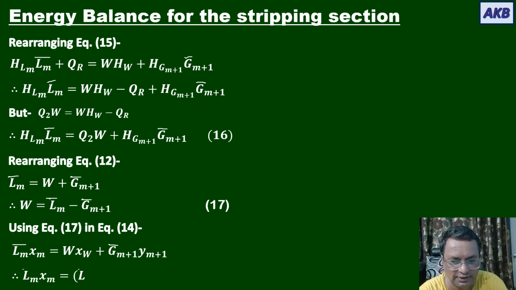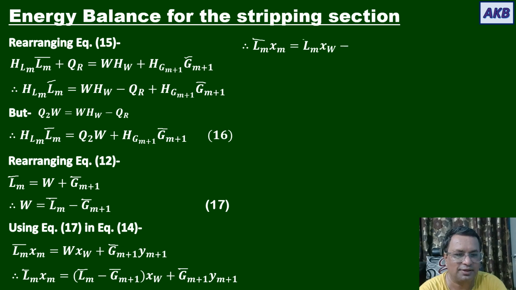So it will be L bar M into XM, that is equal to, in place of W we are going to use L bar M minus G bar M plus 1 into XW plus G bar M plus 1 into YM plus 1. Now let us simplify. So it will be L bar M into XM, that is equal to L bar into XW minus G bar M plus 1 into XW plus G bar M plus 1 into YM plus 1.